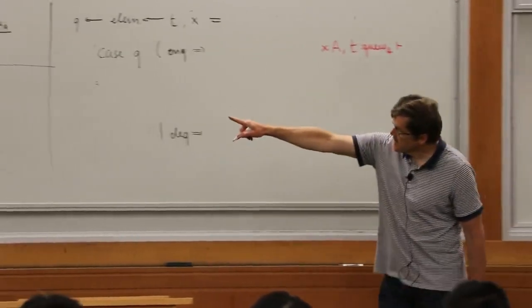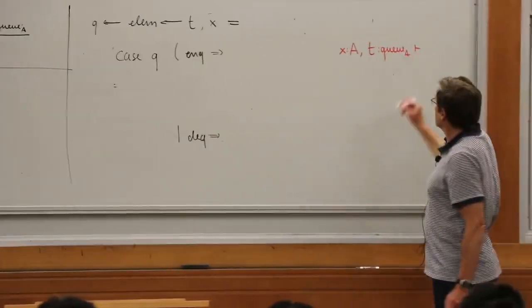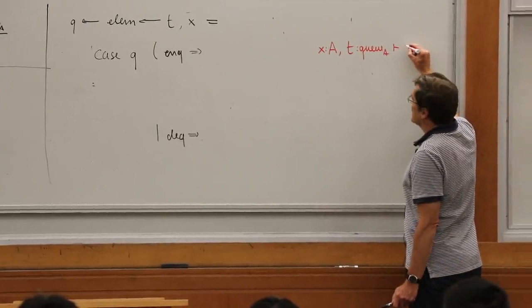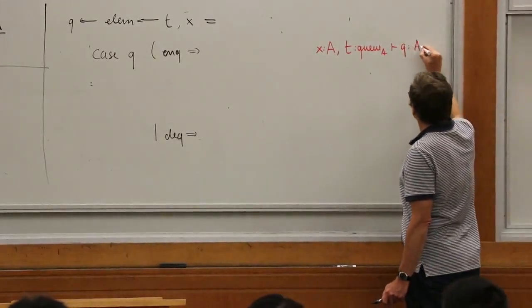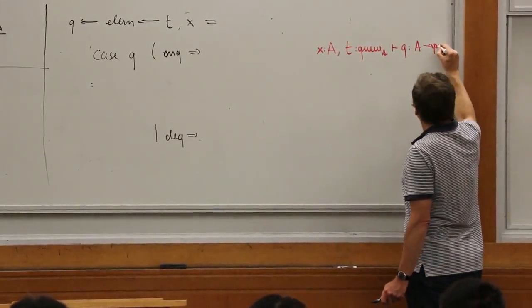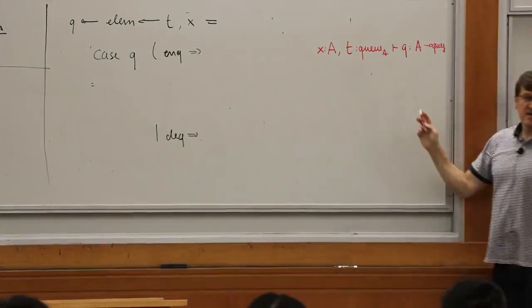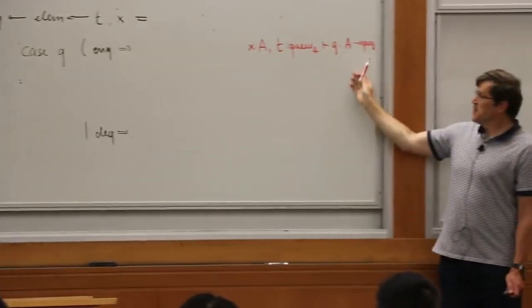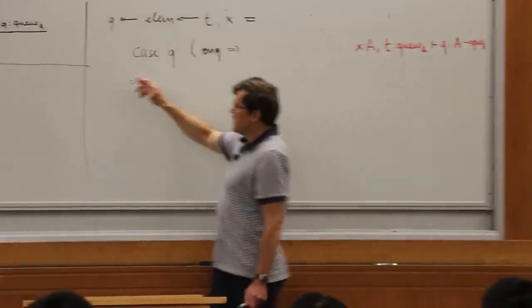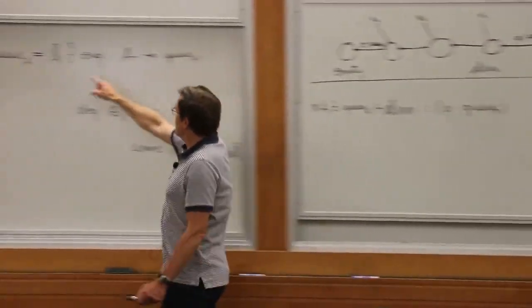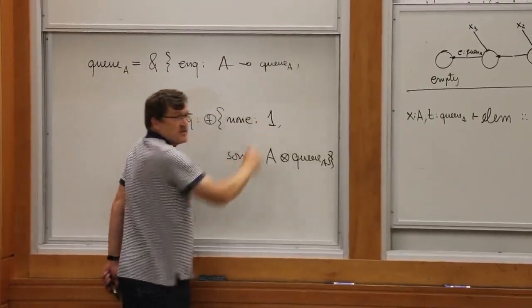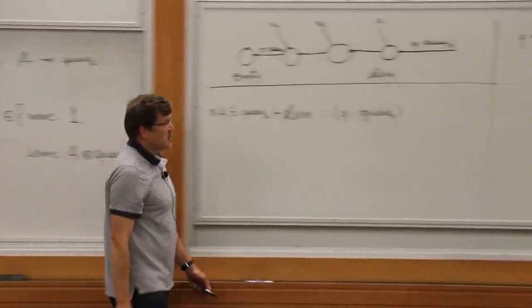Look at the type over there. Yeah, it's A lolly Q. Does that make sense? We've gotten to this point because we received an NQ, so the continuation type is this type. Now we have to program against this type.